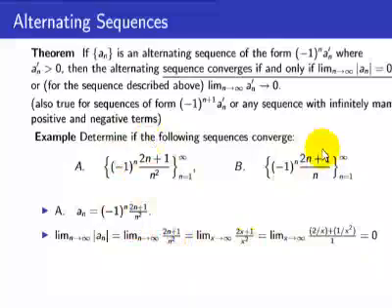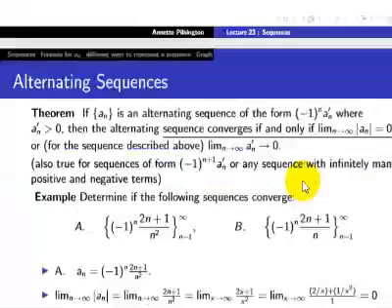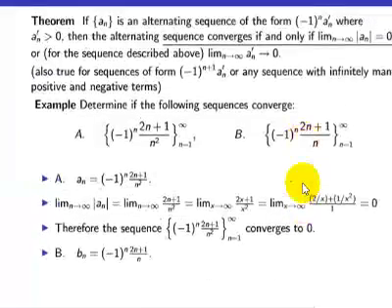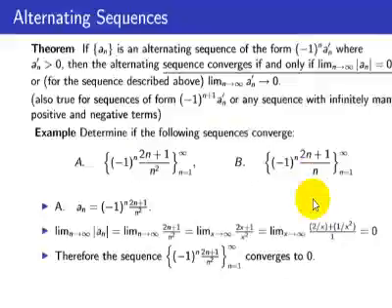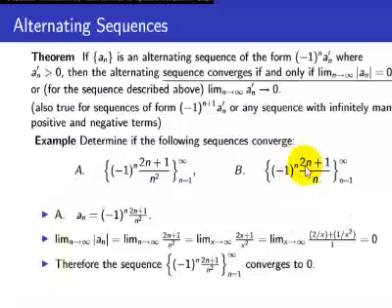As well as this. Look at the second one. If you consider the magnitude of this sequence, you will get 2n plus 1 all divided by n. When you simplify this, 2 plus 1 over n.